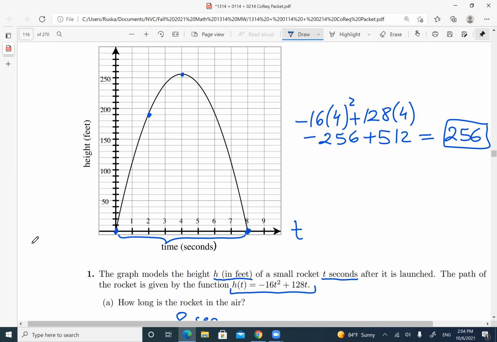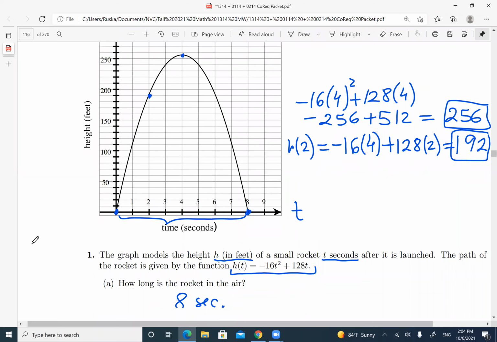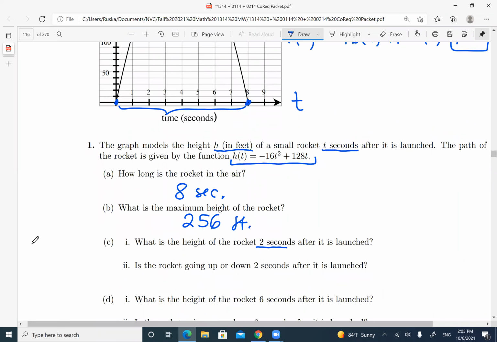So h of 2 is -16 times 2 squared, which is 4, plus 128 times 2. 128 times 2 is 256, and I'm going to subtract 16 times 4, which is 64. It's going to be 192. See, it's exactly, it's not 190, it's 192. So looking at the graph all the time is not exact, it's approximate. Make sense? So 192 is the height after 2 seconds.